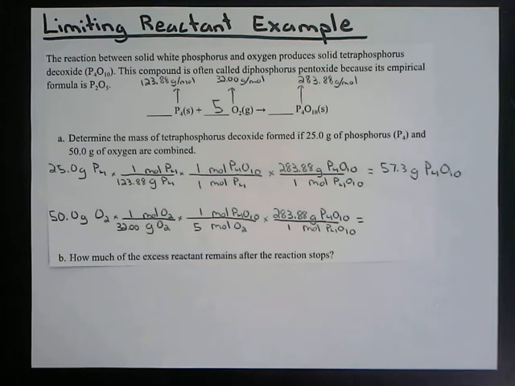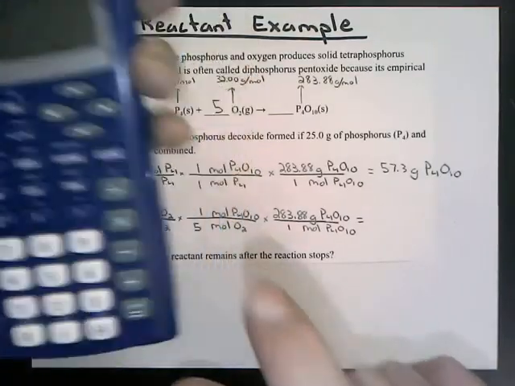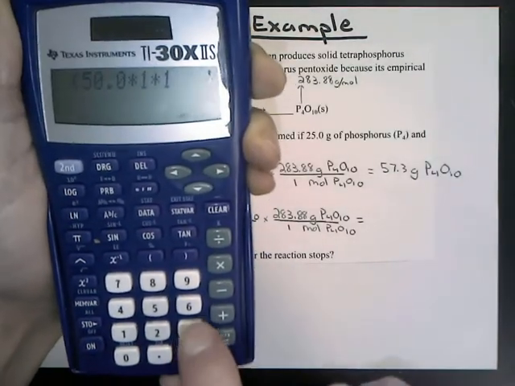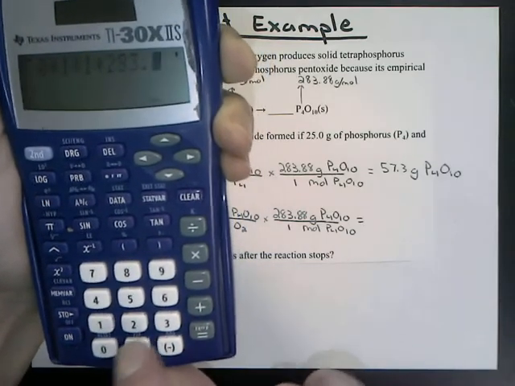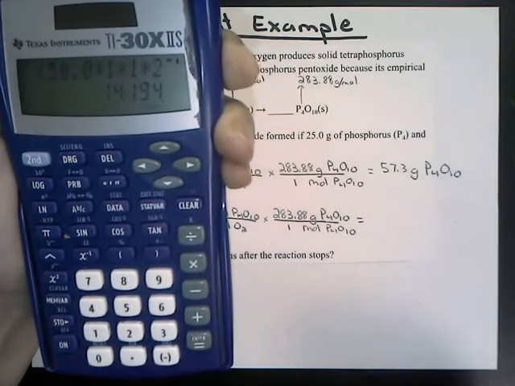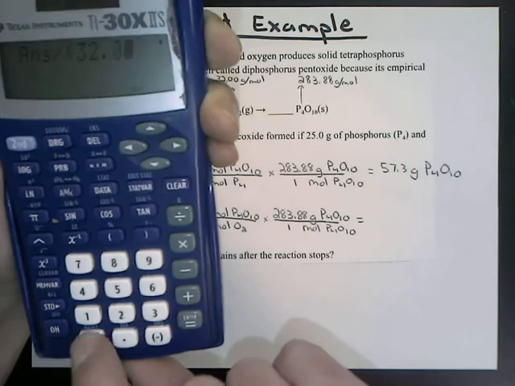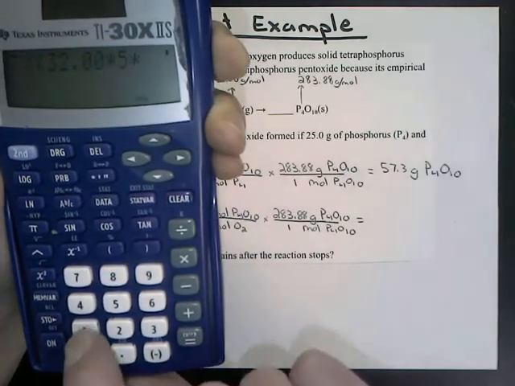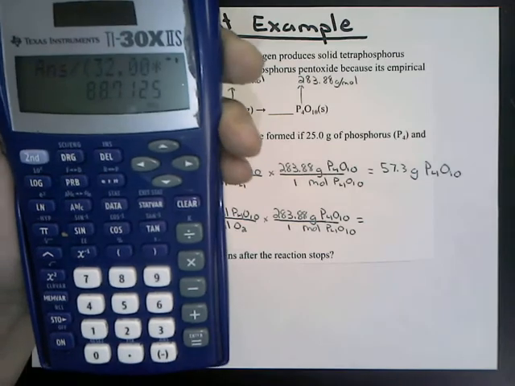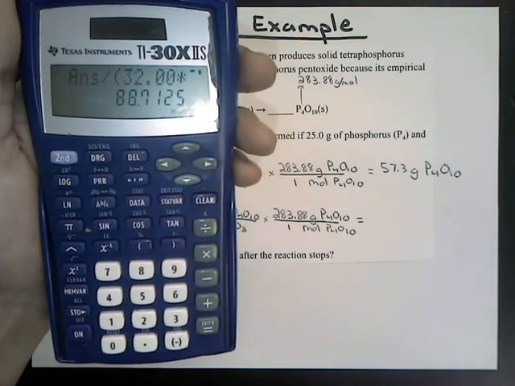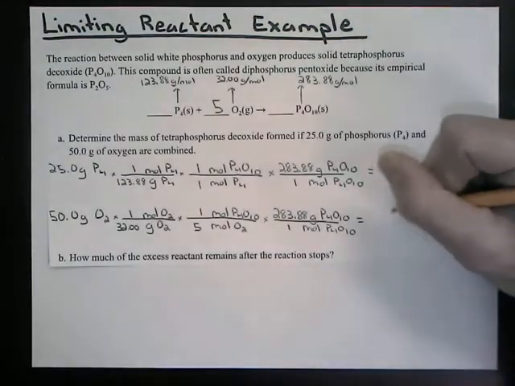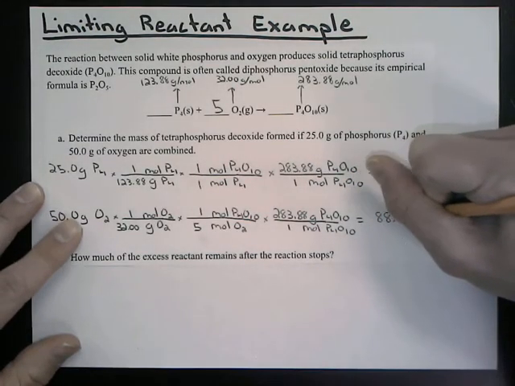So we're going to take 50.0 times 1 times 1 times 283.88, divide it by 32.00 times 5 times 1. We press enter. We get a value of 88.7 grams of P4O10.